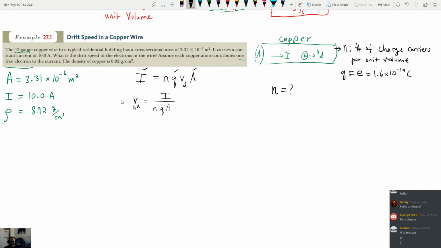Because if we can find it, then we can directly calculate the drift velocity. How can we calculate the number of charge carriers per unit volume? The number of, not the charges themselves, but the atoms carrying the charges?